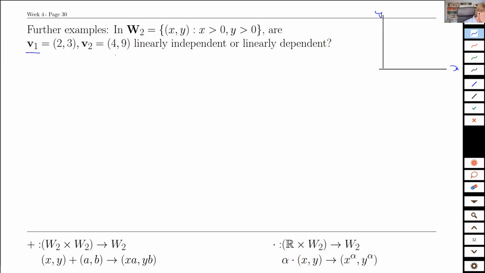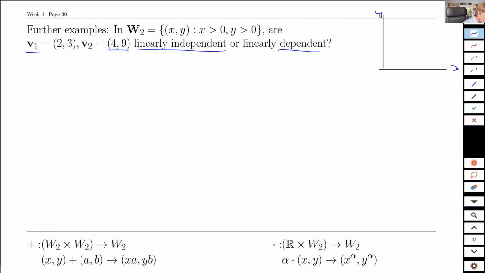So here we've been given two vectors, and we're asked, are they linearly independent or linearly dependent? Here we really have to go back to the definition. If this is two vectors from regular R2, you say, are they parallel? Well, they're not parallel, so they're independent. No, they're parallel, that's dependent. No, you don't know, because we've changed some rules, so go right back to the ground.